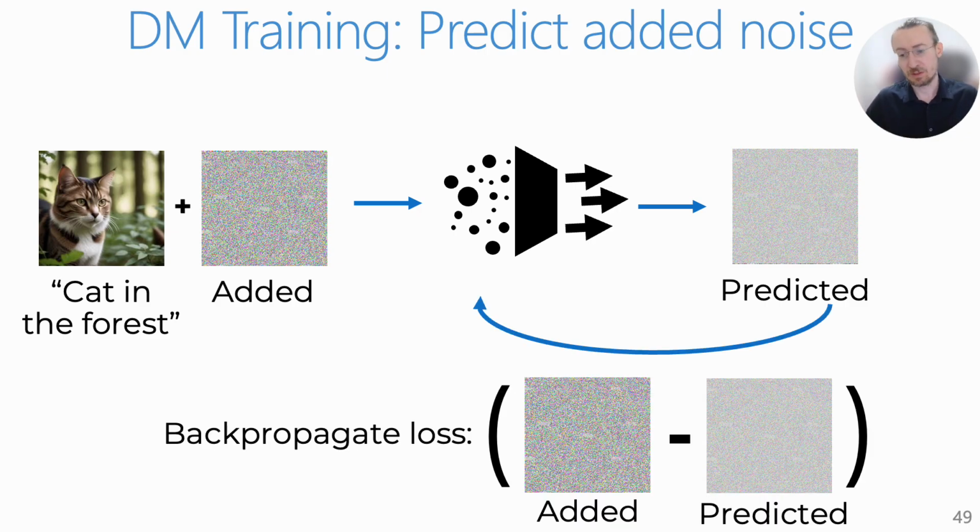Then the predicted noise and the added noise are compared. For example, we can compute any loss function like mean squared error between the predicted noise and added noise, and this difference serves as the loss to backpropagate for the diffusion model, and then train the diffusion model to predict what kind of noise was added to the image.